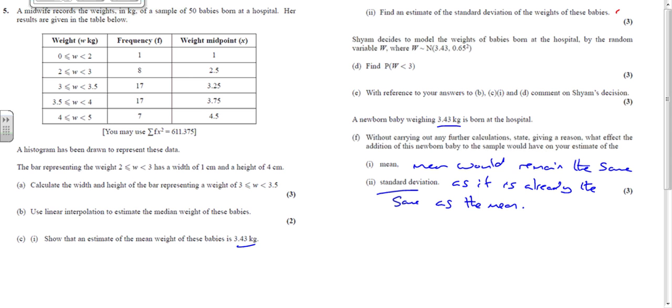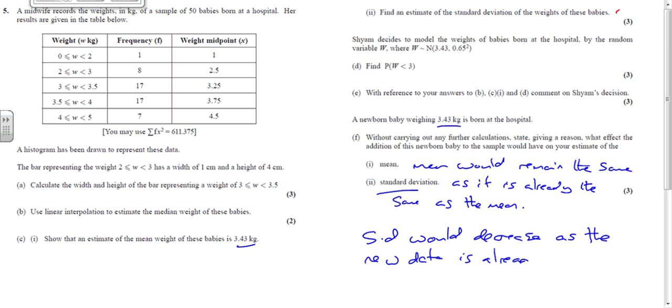Now part 2, the standard deviation. Now this is all about understanding what the standard deviation is. The standard deviation measures on average how far away from the mean each piece of data is. So the standard deviation would decrease as the new data is already the mean.